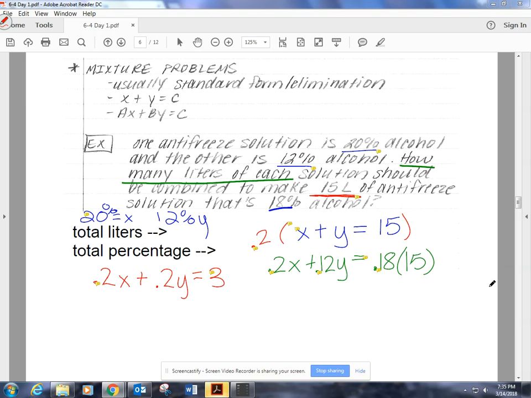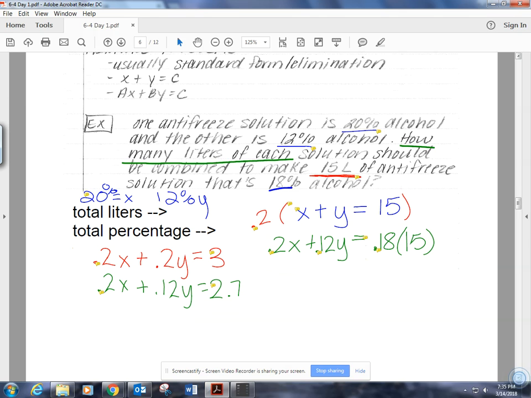All right, then we can rewrite the equations so they're stacked right on top of each other, and it's going to give us 2/10 X plus 12/10 Y equals, still, that 18/100 multiplied by 15, which is 2 7/10. Now that we've simplified that, we can eliminate one of those terms.